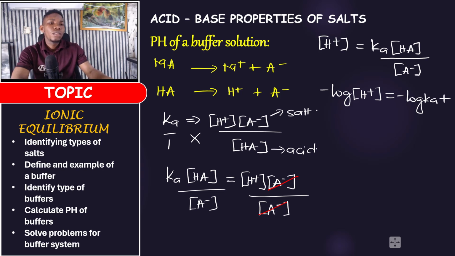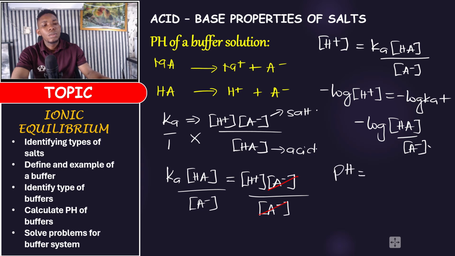Are you getting it? So this becomes negative log HA all over A minus. I've proved something like this to you guys before. Now, negative log H plus will give us pH, right? That is true. Negative log Ka will give us pKa. Are you getting it?